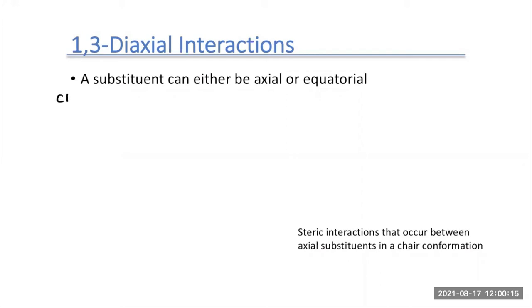So if we try and draw methyl cyclohexane and draw it as a chair, you may have drawn something kind of like this. Or let's say we do a chair flip with it.